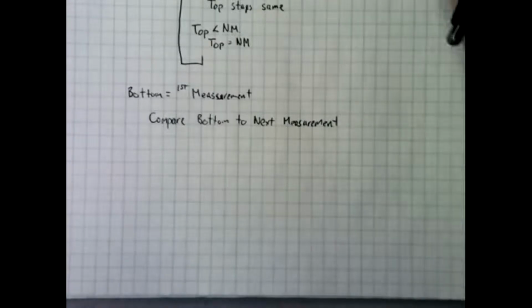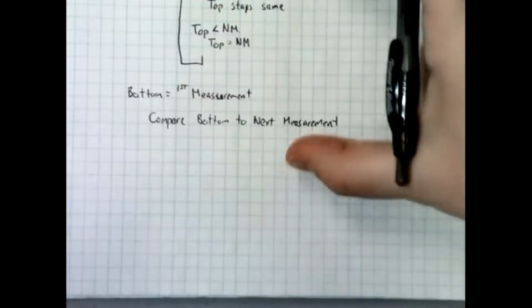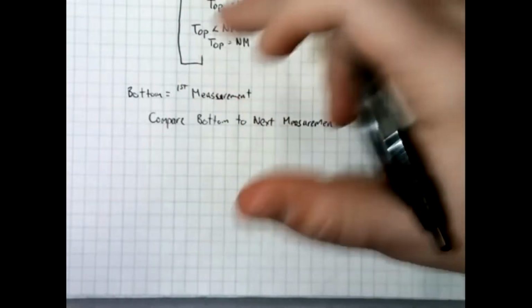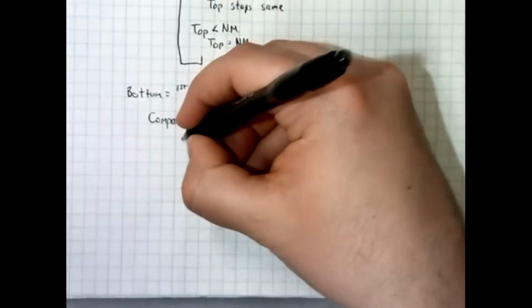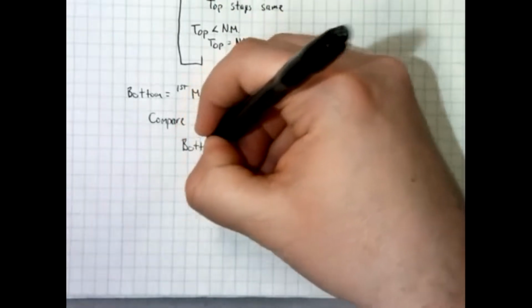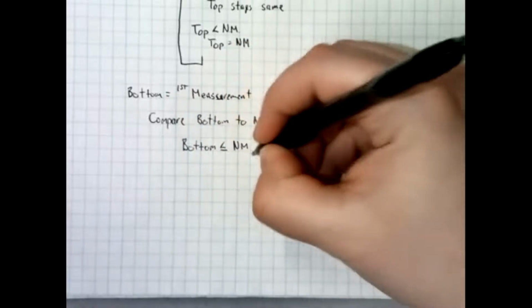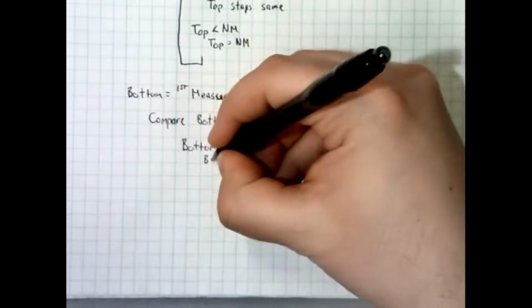Now, I know this might sound a little odd, and it might sound like it's going to get really confusing and difficult. But that's why I'm drawing this out. Because once we have it drawn out, we make it easier to see. But we'll look at this. With this bottom, if it is less than or equal to that new measurement, then the bottom stays the same.